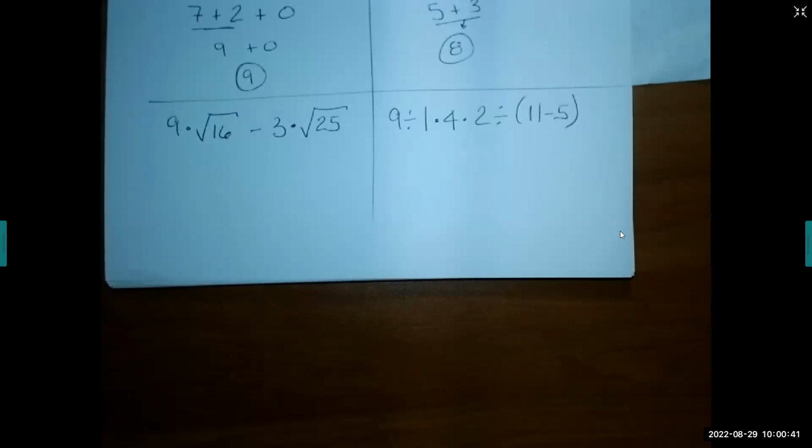And then the second one, 9 divided by 1 times 4 times 2 divided by parentheses 11 minus 5, close.